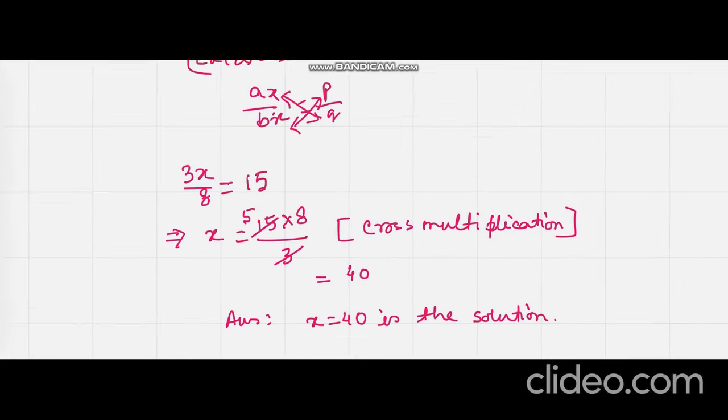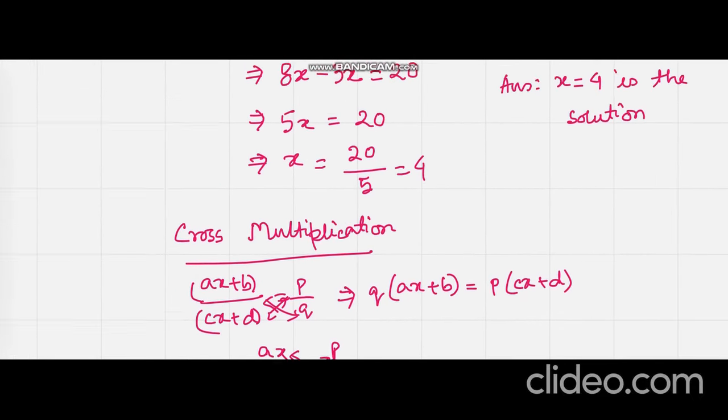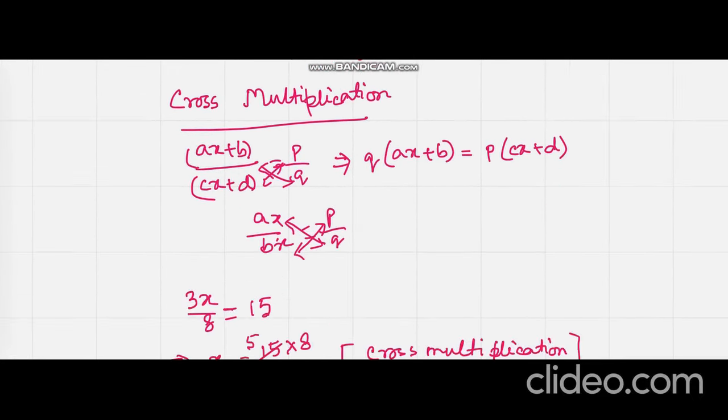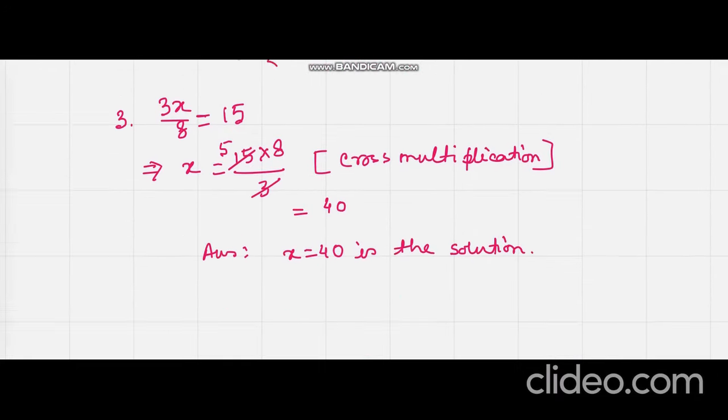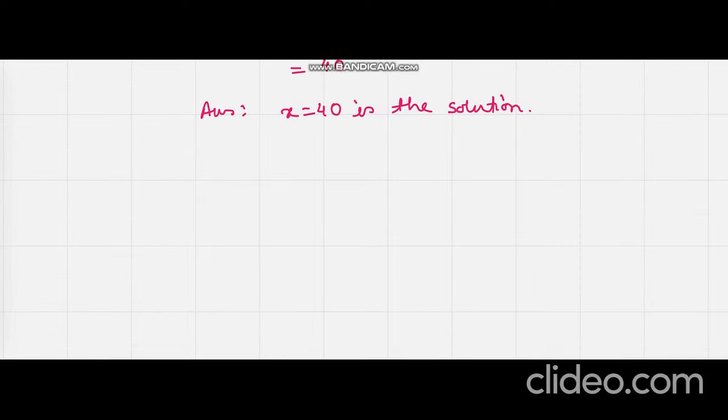Let us take some other problems also. We have done 2, so this will be 3. Now we will be solving number 4: 6x minus 5 equal to 4x plus 7. So let us solve this. We have to keep all the x terms to the left hand side.